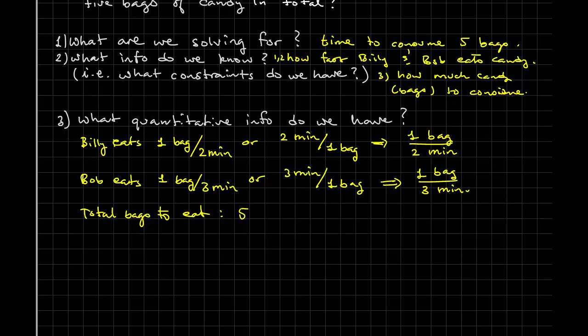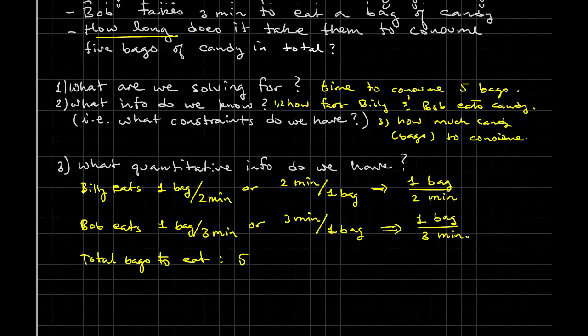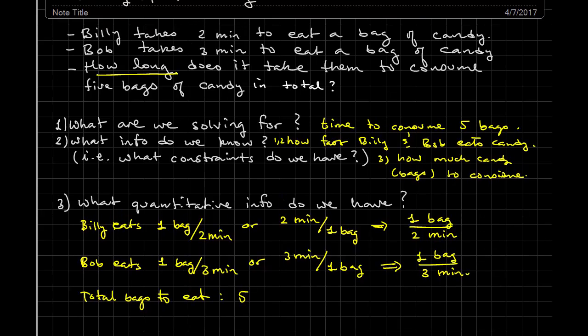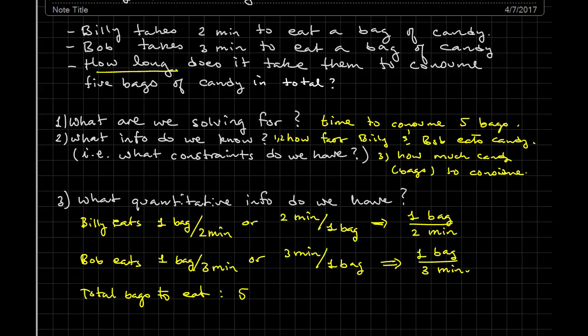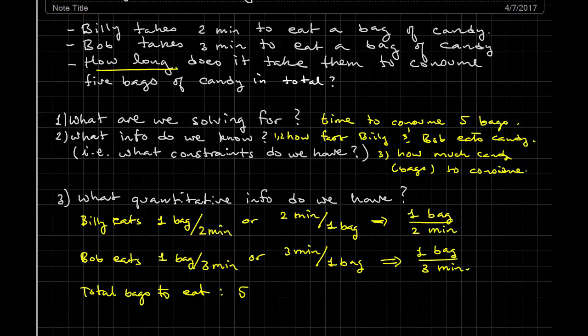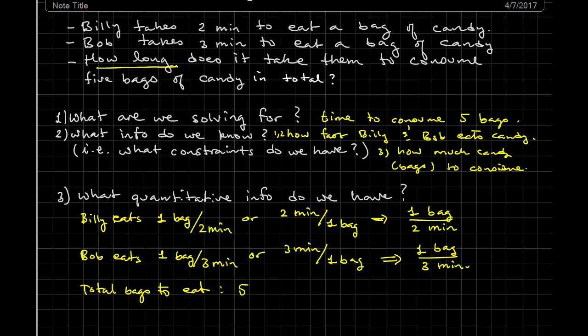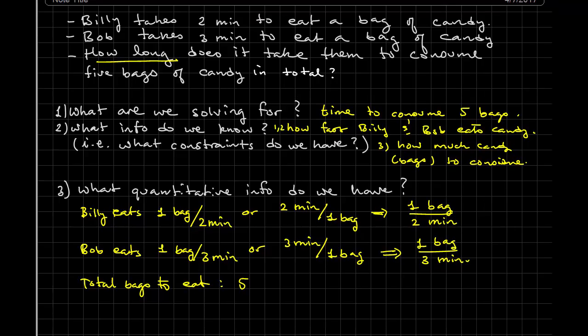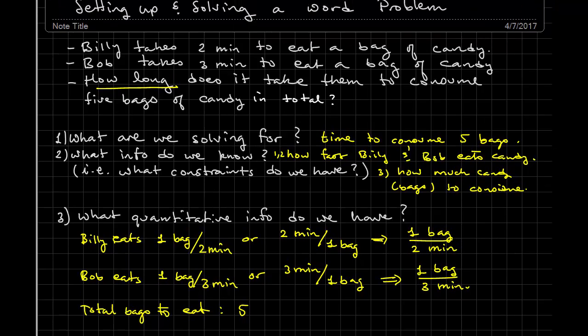Okay. Now let's see if we can write some kind of an equation to capture this. Now before we do that, let's just think for a moment if we had a little modified problem that was simpler. And then we'll come back to this one. Let's say that it was only Billy eating candy and not Bob. So Billy takes 2 minutes to eat a bag of candy. And the question is, how long does it take Billy to consume 5 bags of candy?